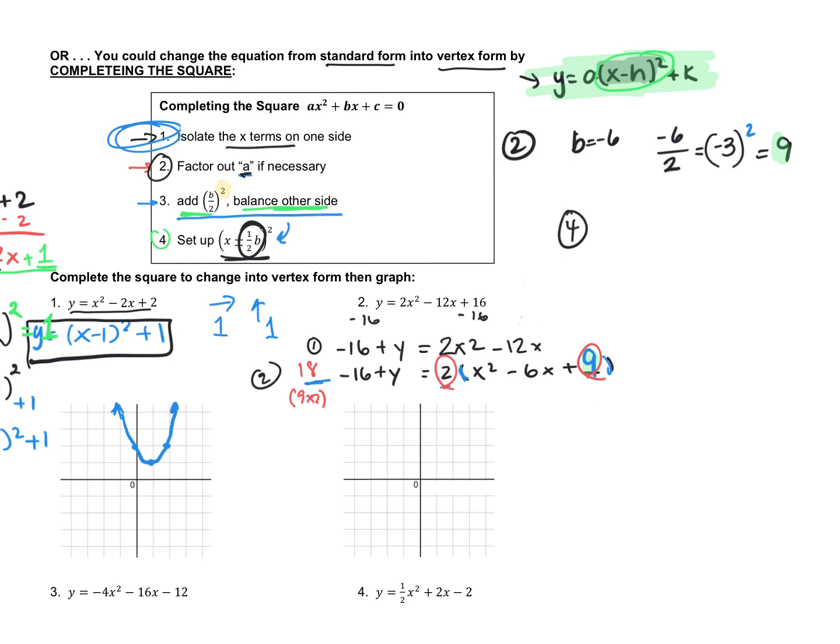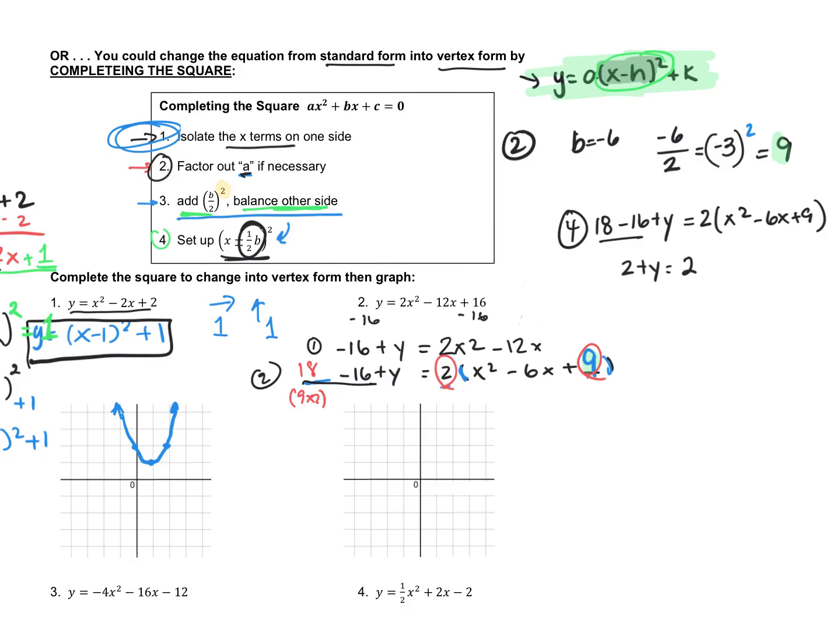So on the left, I'm just going to combine, let me write it over here, 18 minus 16 plus y equals 2 times (x squared minus 6x plus 9). So over here, this is going to give me a 2 plus y.